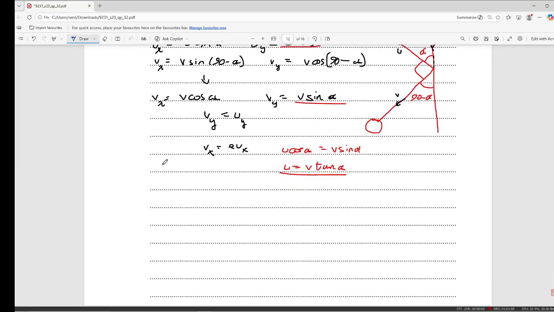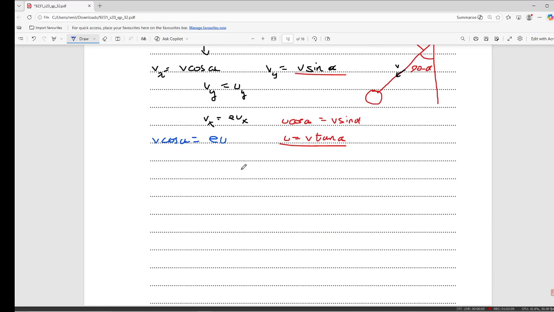So Vx equals E times Ux. Vx is v cos alpha, and E times u times sin alpha, since Ux is u sin alpha. So I get u equals v cos alpha divided by E sin alpha, which means v divided by E tan alpha.